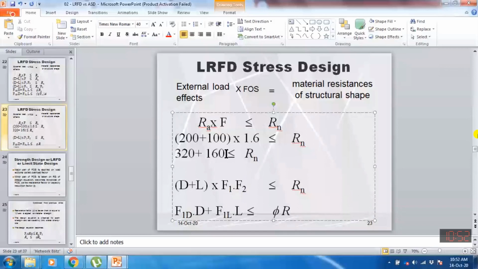So this is the equation in our ASD method. Maybe you will agree with me.